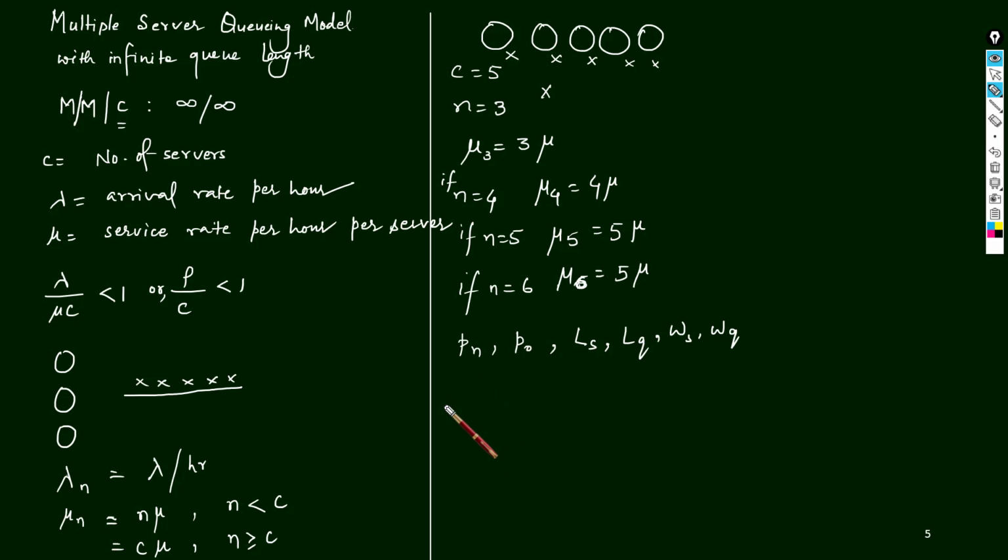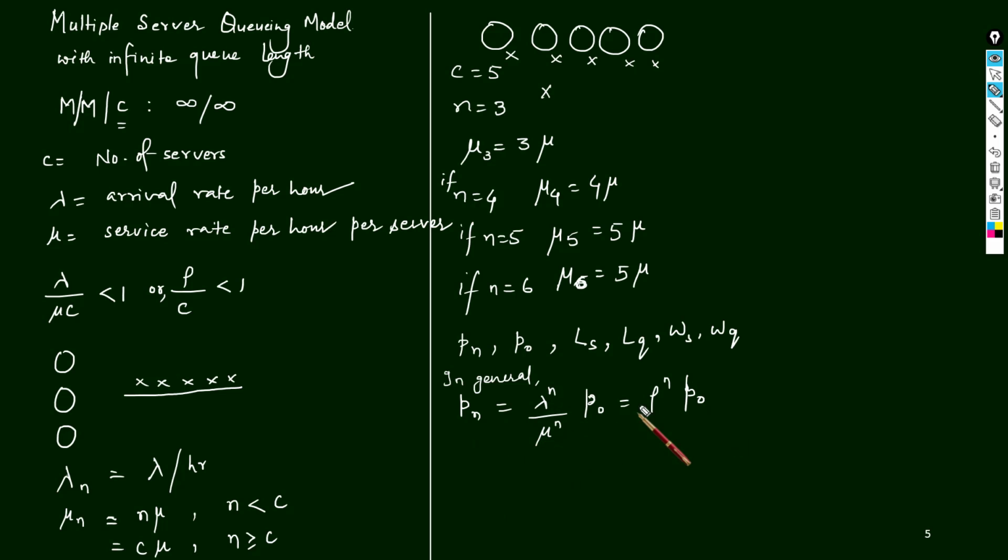Here we know, like in general we have seen already, that Pn is equal to rho to the power n into P0, or you can say lambda to the power n divided by mu to the power n into P0. Clear?